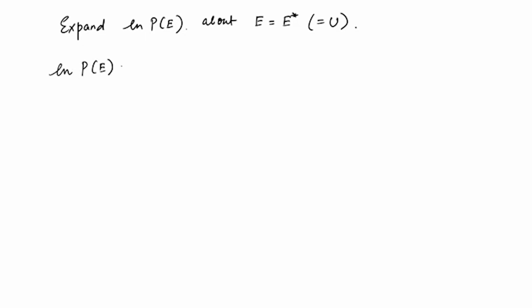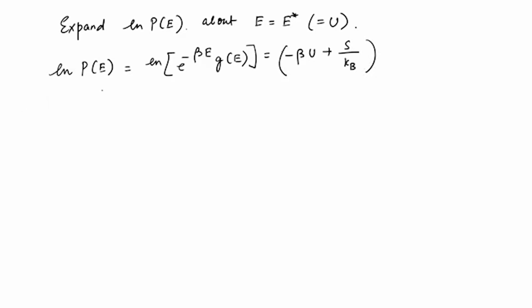So, let us expand ln of P(E), where P is the canonical distribution, about this value, that is about E equal to E star, which is nothing but equal to U. If you do that expansion, log of P(E), which is equal to log of e to the power minus beta E multiplied by the density of states, the expansion will give you beta U plus S over k. This is the first term.